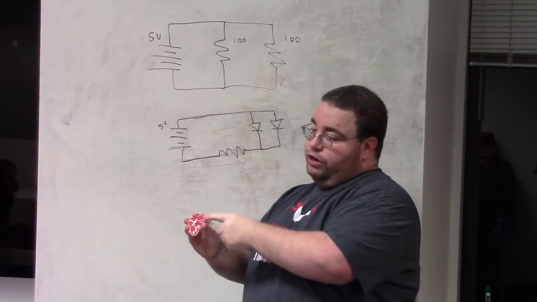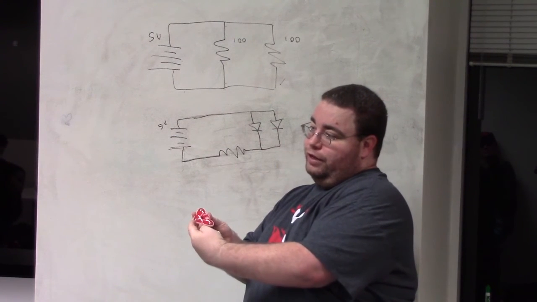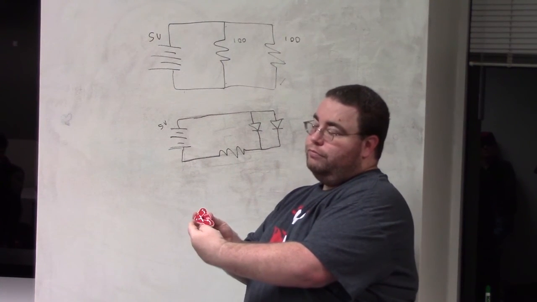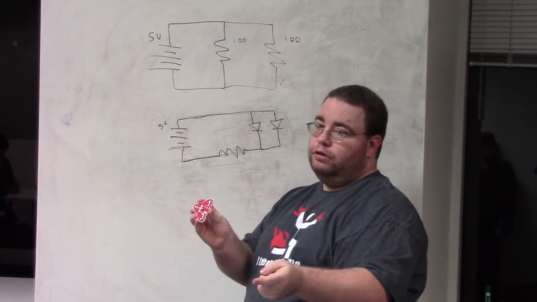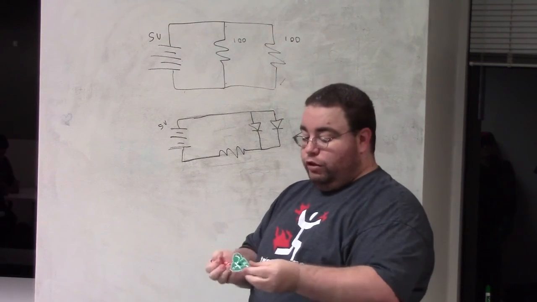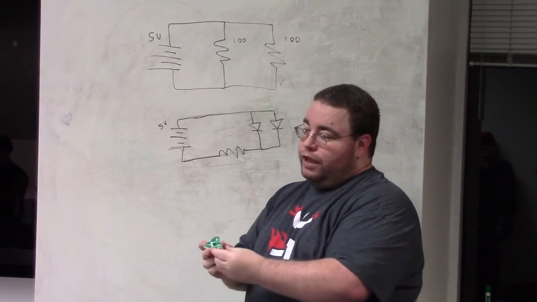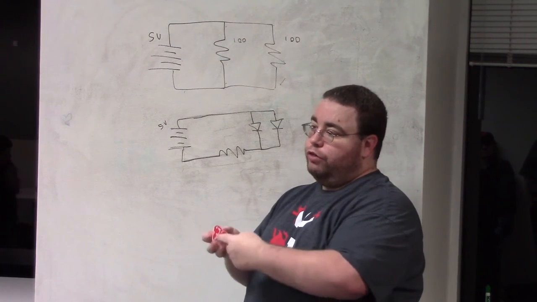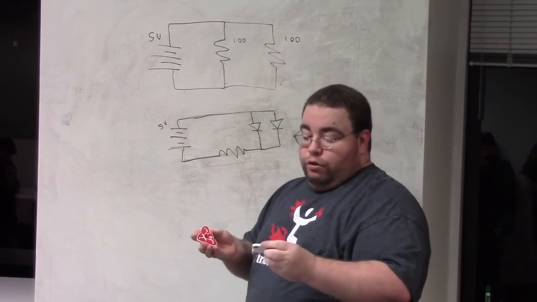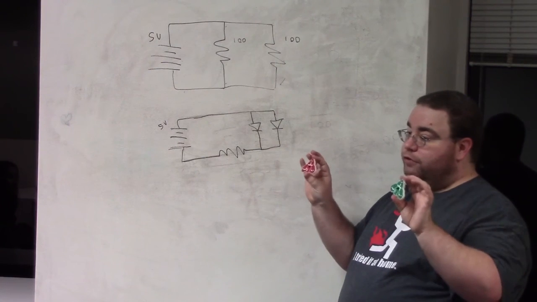These will let current go through if this side is negatively charged for the NPN, unless I got that backwards. That's right. Okay. The other one will let current go through if this side is positively charged. And so what these are is switches that you can control with another current. They're electrically controlled switches that are just one solid piece of stuff.